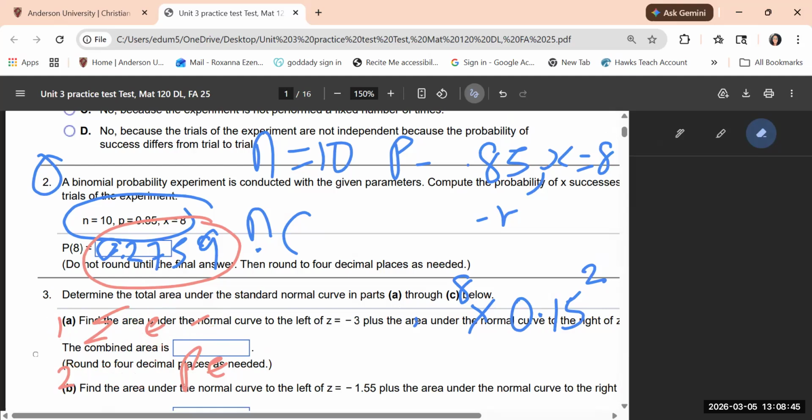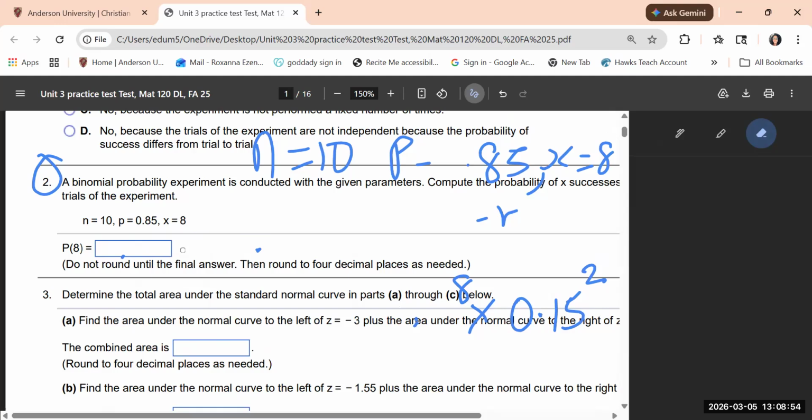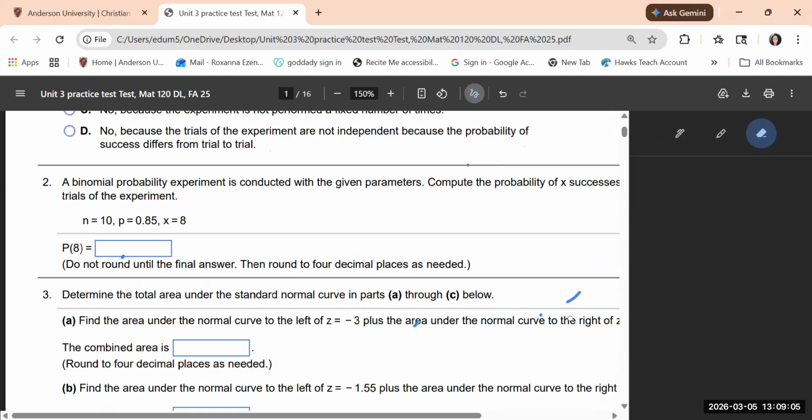I'm given this question as an exactly question. So there are 3 important ways you can be asked a question in binomial distribution. It can be an exactly question, like this number 2 is.